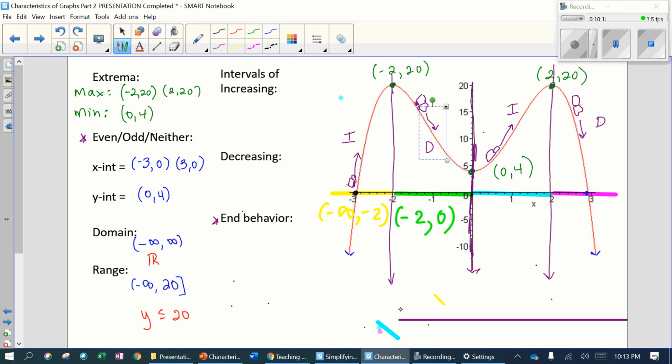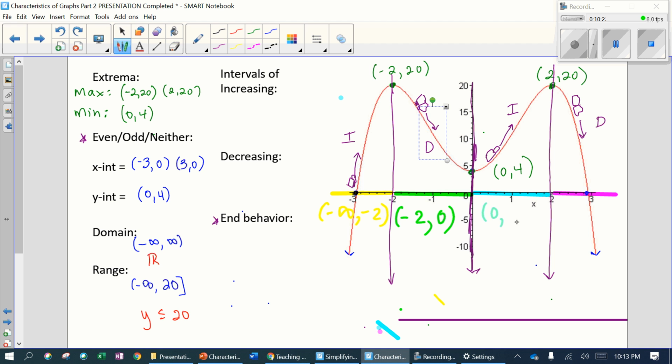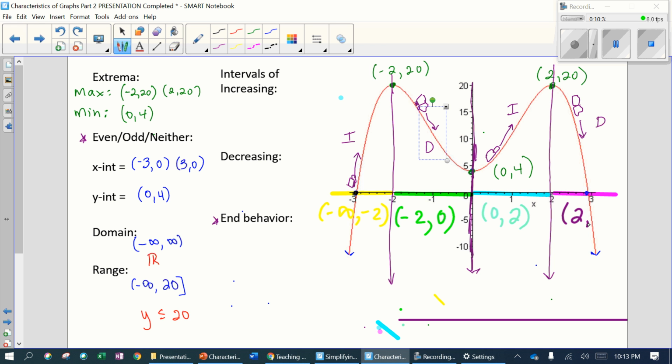Now we've got this blue guy. That starts at 0 and ends over here at 2. And then the final guy, the purple guy, starts at 2 and ends at infinity because he goes on forever. That's so not that color, but whatever, I couldn't find it.